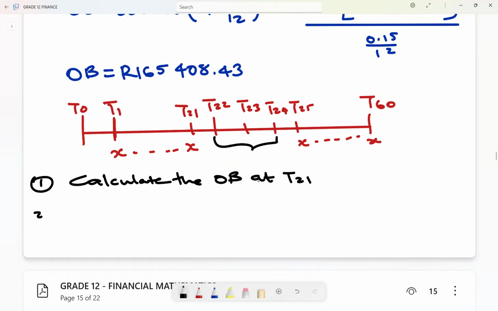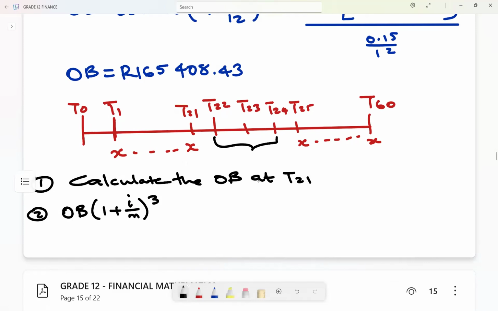The bank will charge interest on the money that you still need to pay. We will increase the outstanding balance that you still owe. We will put interest on it for whatever months you missed.